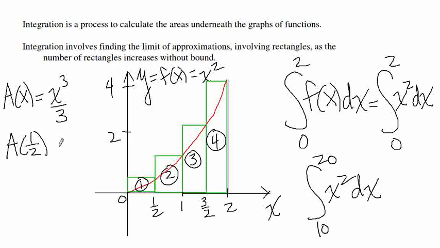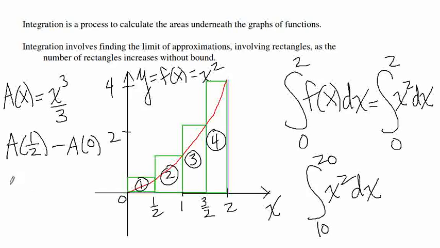That's the x value of the rightmost point on the rectangle, and then you would subtract the antiderivative evaluated at the leftmost x value. So apparently that difference in the antiderivative gives you the area of rectangle 1.